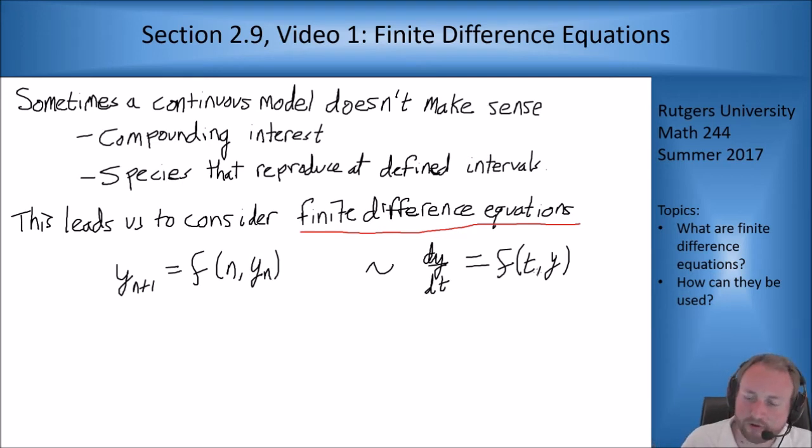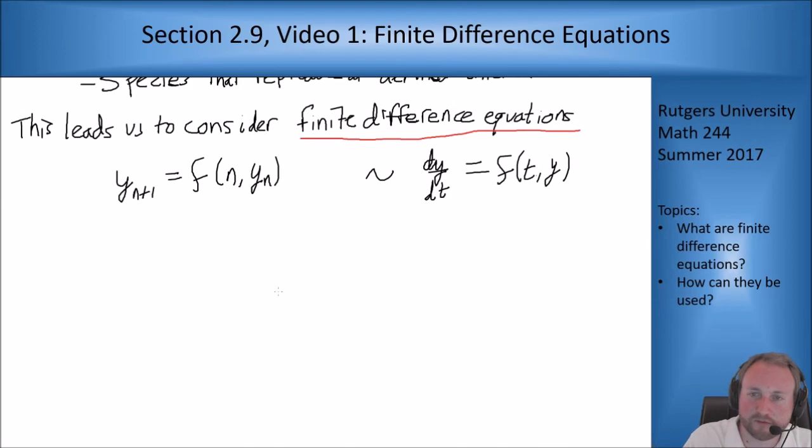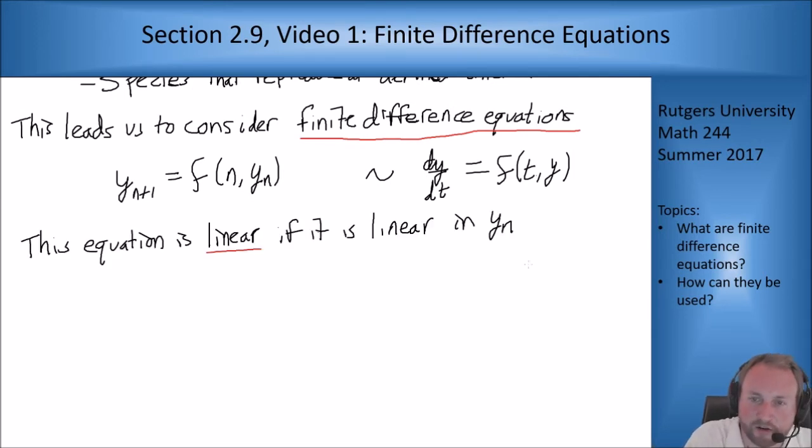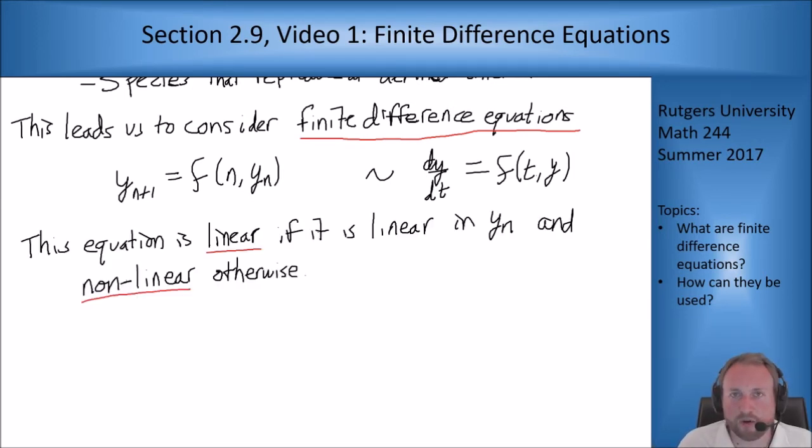So as before, we consider such an equation linear if it's linear in the y term, and it's nonlinear otherwise. Same as we would for normal ODEs, we call them linear and nonlinear. Now in this case, because we're dealing with y1, y2, y3 through y_n instead of a function, our solutions look a little bit different.